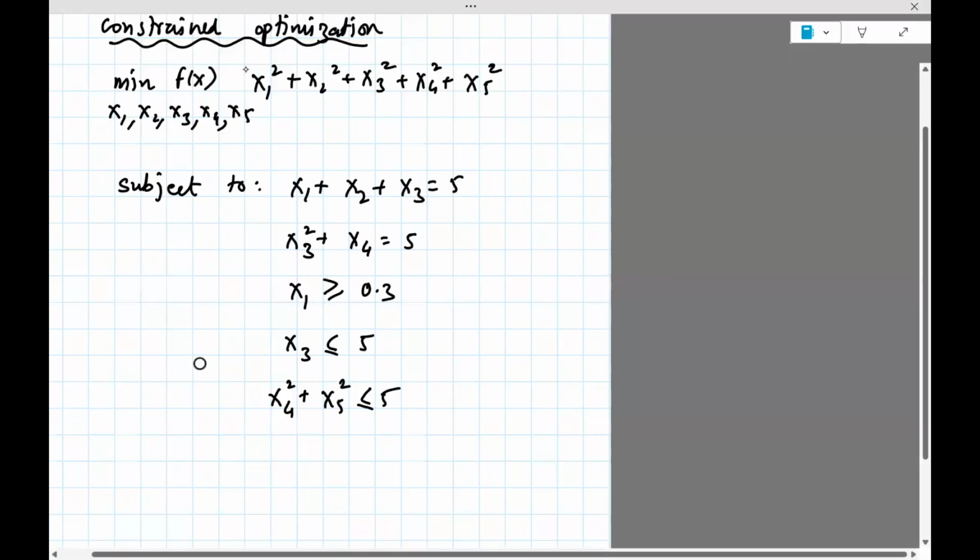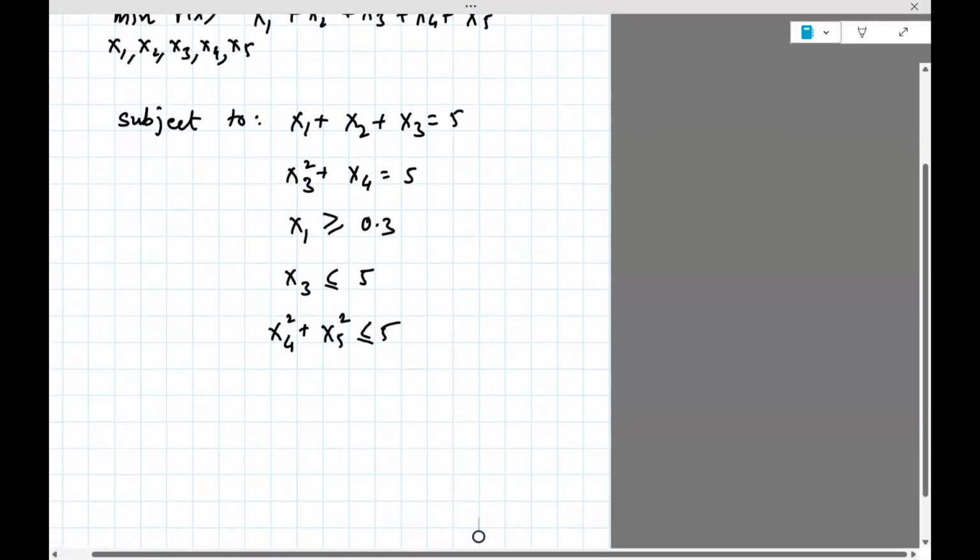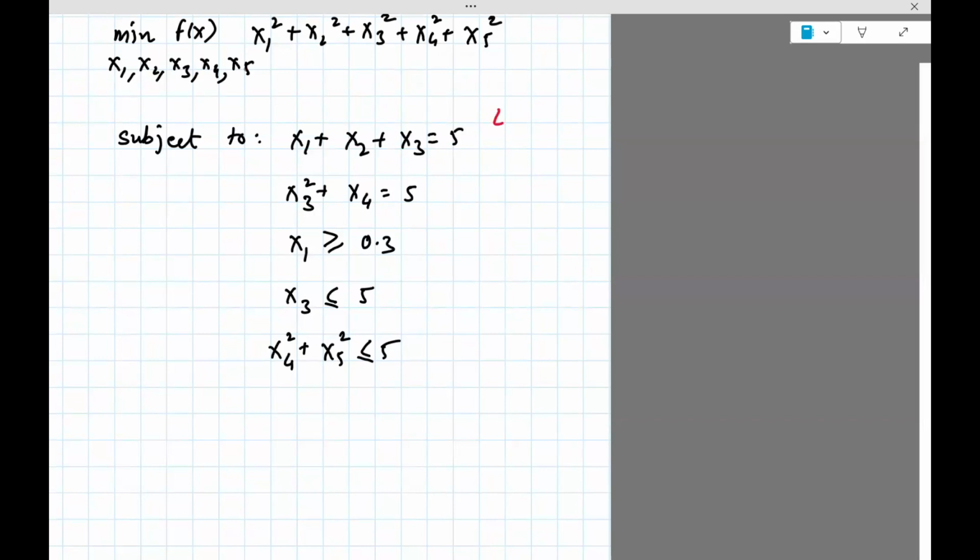There are some names given to these, and they're kind of obvious, but let me give you the vocabulary. This is a linear equality constraint, because the optimization variable x1 is appearing linearly. This one is a non-linear equality constraint.